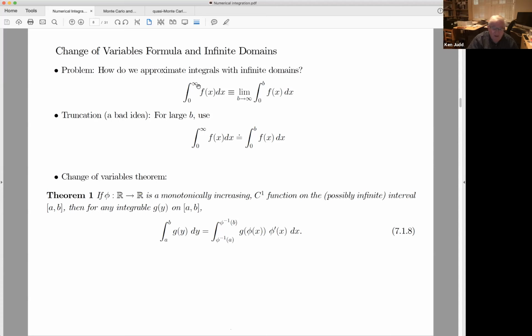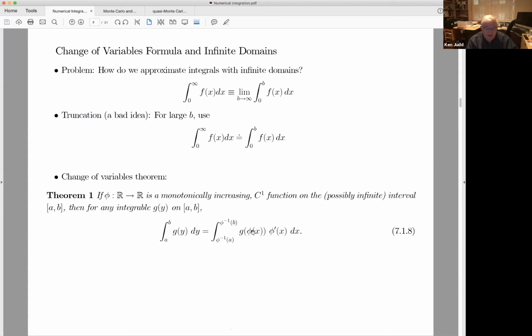Now, you might think that what you should do is take 0 to infinity, and I'm just going to take some large b, and then just do my integral over that finite interval. Bad idea, because you don't know how much you're missing. Here is the mathematically legitimate way of going. What you do is a nonlinear change of variables.